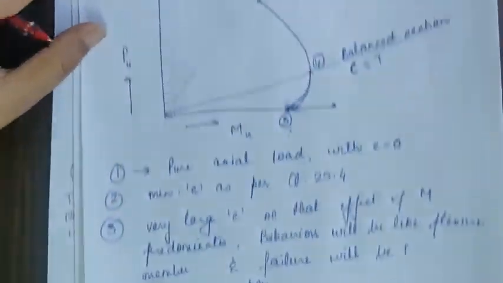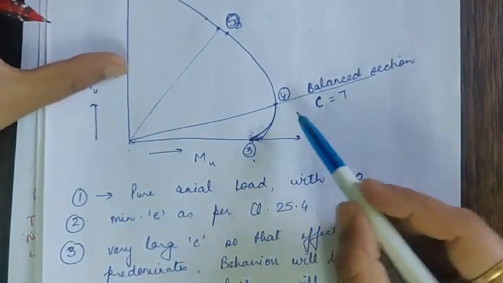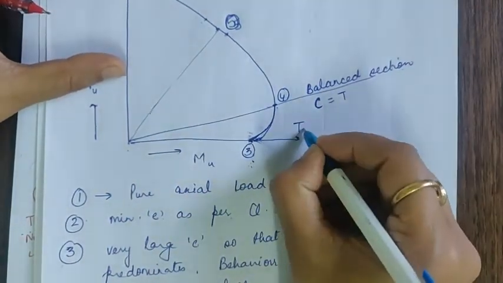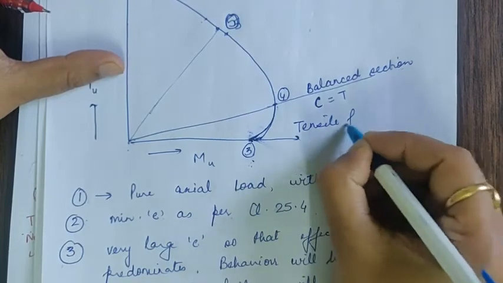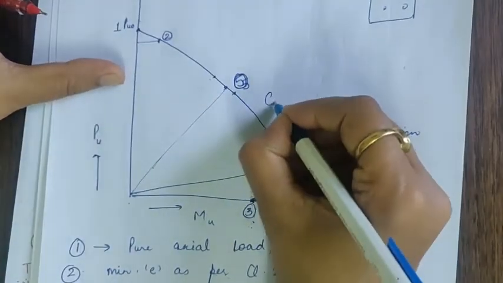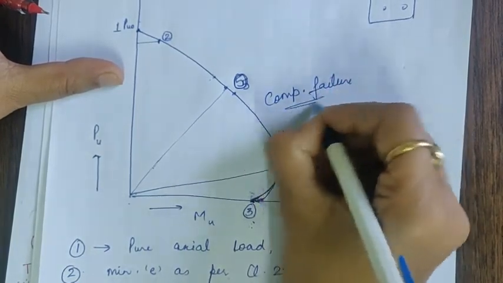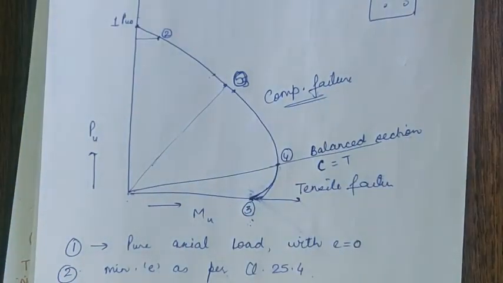Is it okay? Now, this balanced section is very important because below this balanced section there is a tensile failure, just like a flexure member, and above this particular point there is a compressive failure. Is it okay?